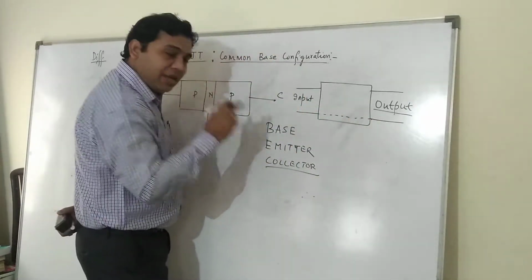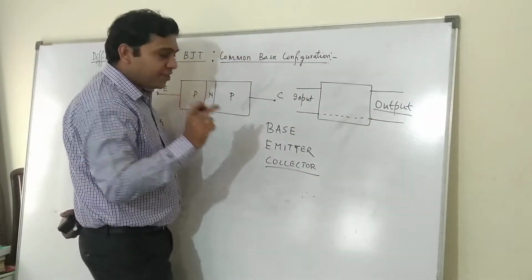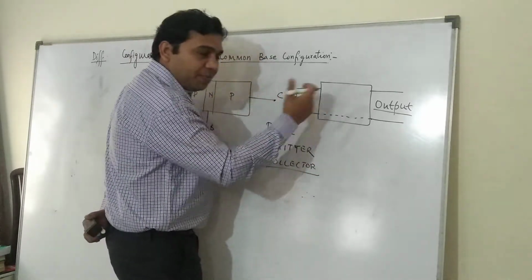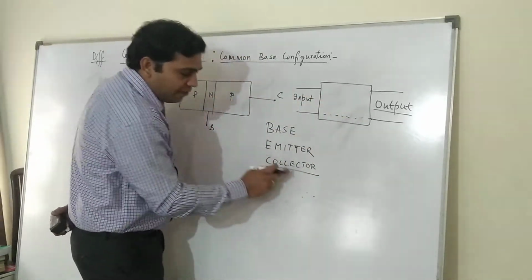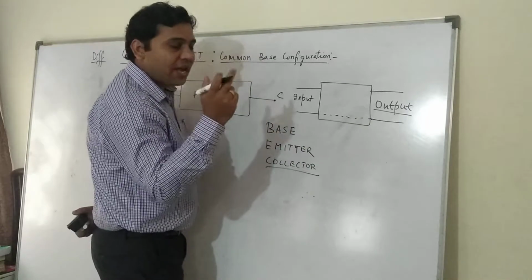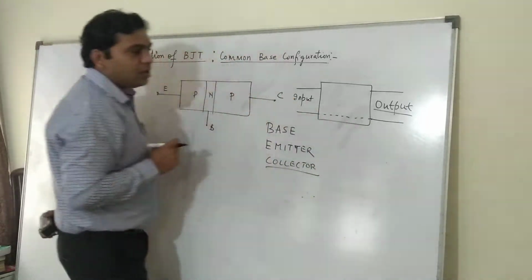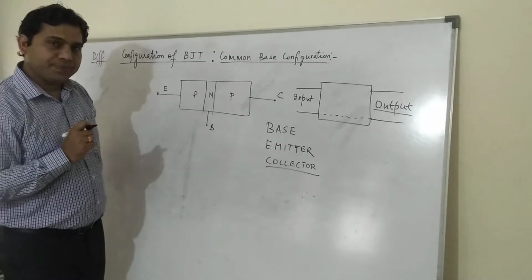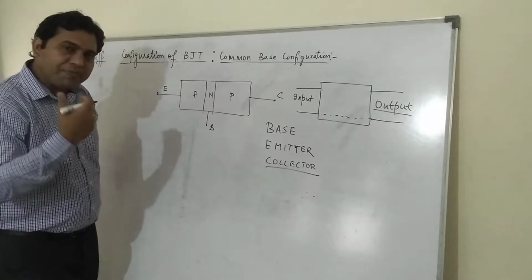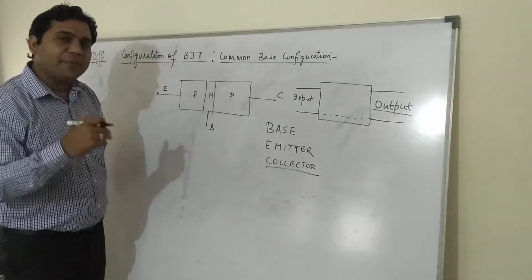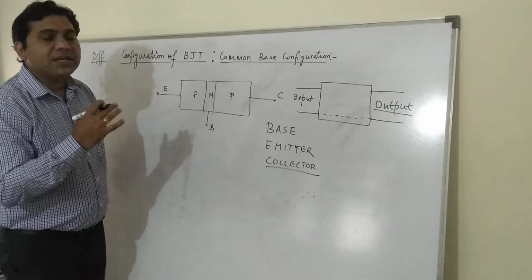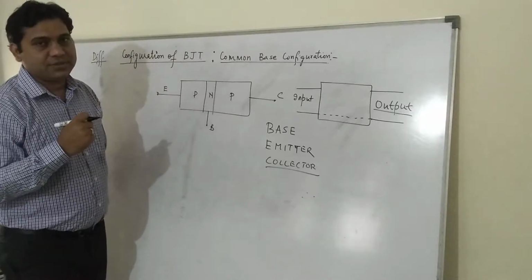We have the common emitter configuration, in which the emitter is common between input and output. And we have the common collector, in which the collector is common between input and output. Now, with common base, common emitter or common collector, we get different characteristics of the transistor.